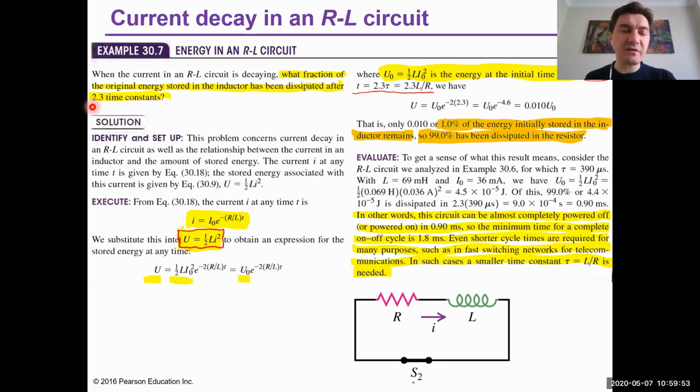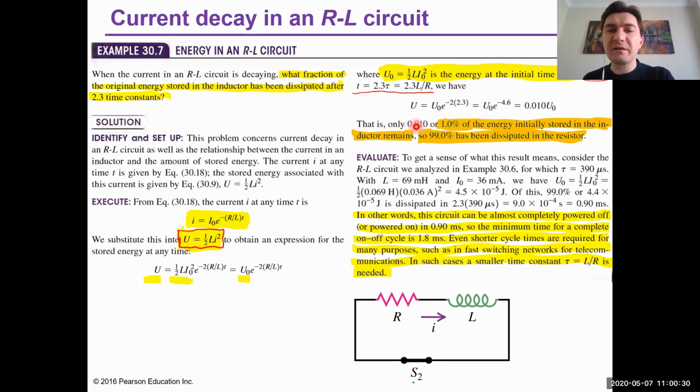Time is given as 2.3 time constants. The time constant is given by L over R. So just instead of time, put that expression, 2.3 L over R. L will cancel this L, R will cancel this R, then here we will have U0 times e to the power minus 2 times 2.3.